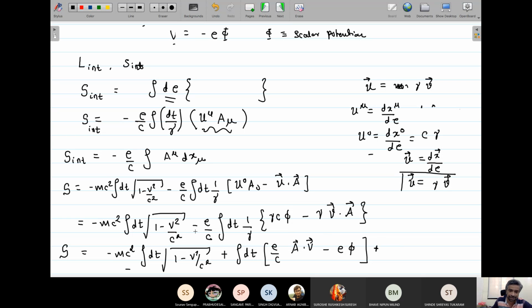This part tells you the dynamics of the particle, both terms. If I calculate the Euler-Lagrange equation of motion, I will get the Euler-Lagrange equation of motion for that particle. Correct? There is no part which will give me the Maxwell equation, which really represents the dynamics of the electromagnetic field.